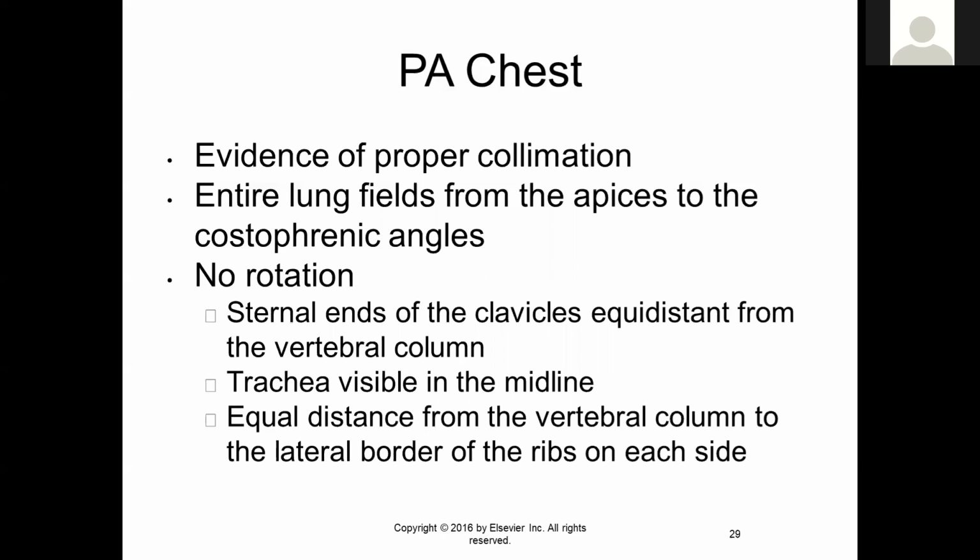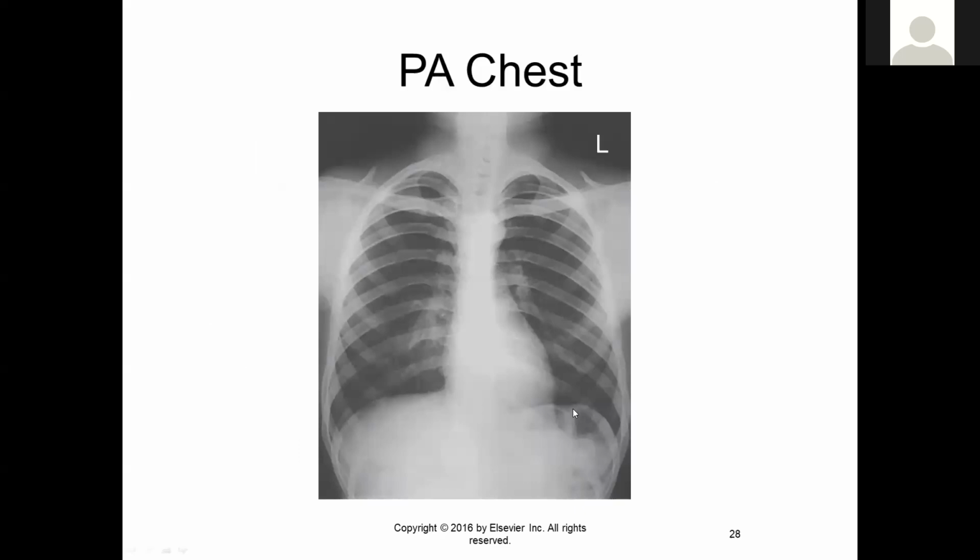And you should have an equal distance from the vertebral column to the lateral border of the ribs on each side. Sternal ends of the clavicles, about the same amount of space between them and the vertebral column. Trachea in the midline. And the third criteria, the width of the lungs is equidistant. If you're rotated, one side is going to look shorter and the other side will look longer.